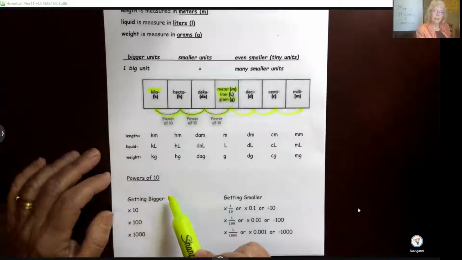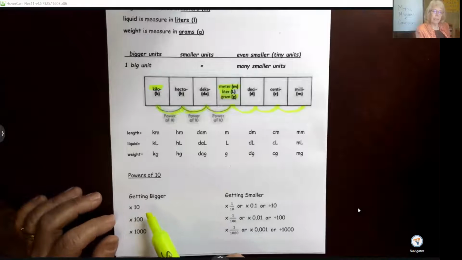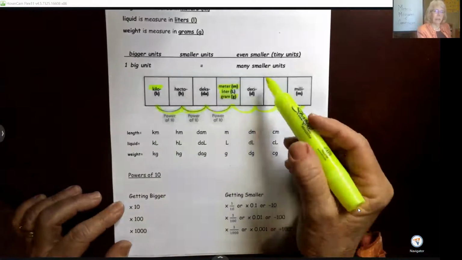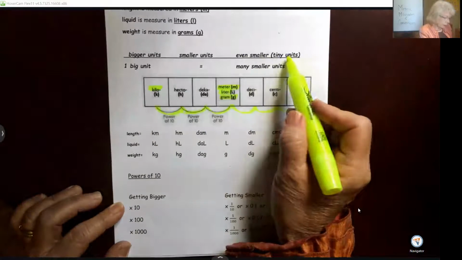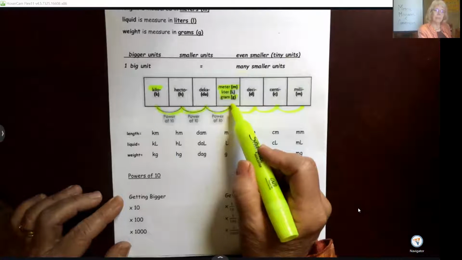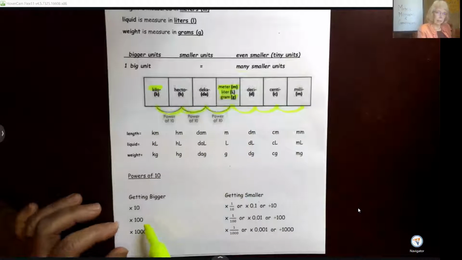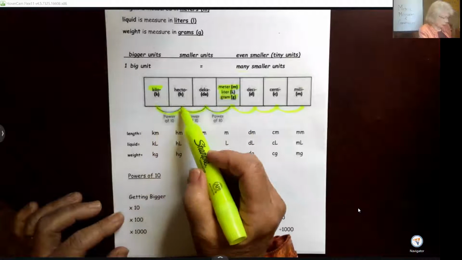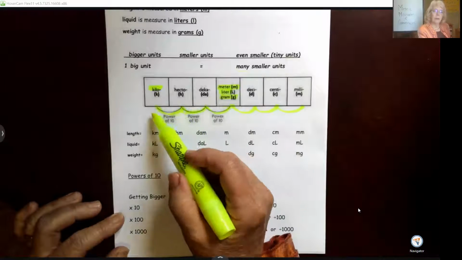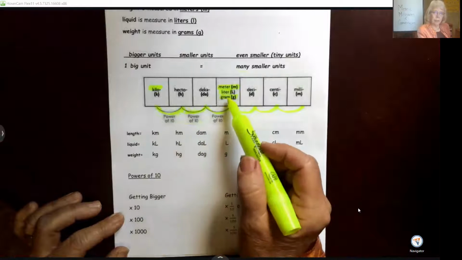So how this works is, as things are getting bigger, we multiply times 10, meaning if we want more units, so we have many smaller units over here, 1,000 meters for 1 kilometer. So we would go times 1,000. If we just went from kilometers to hectometers, we would only go times 10, times 100, times 1,000.